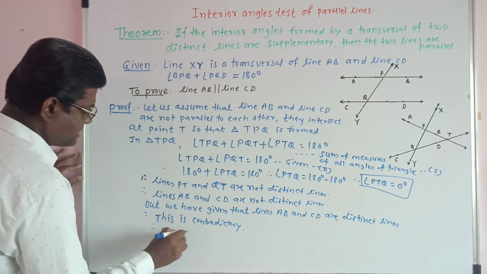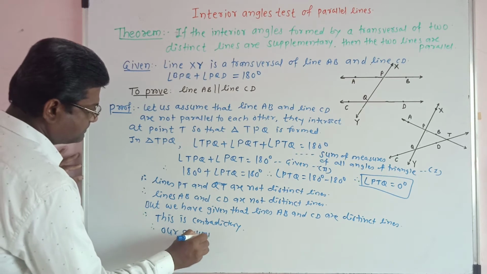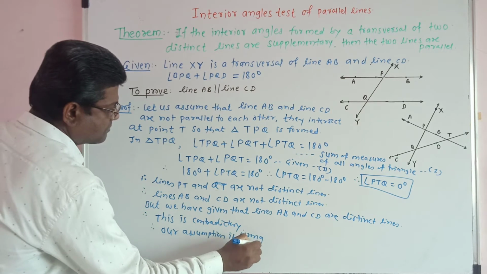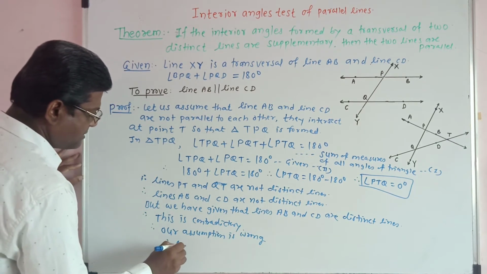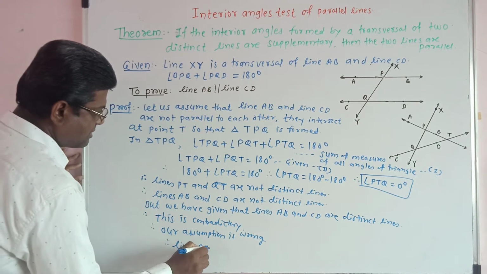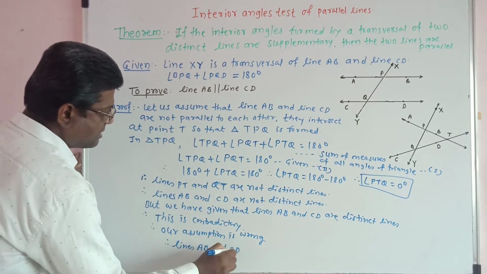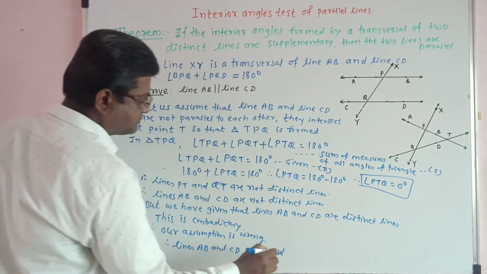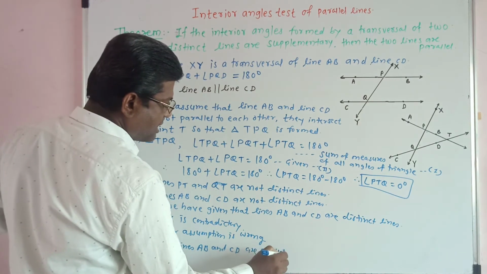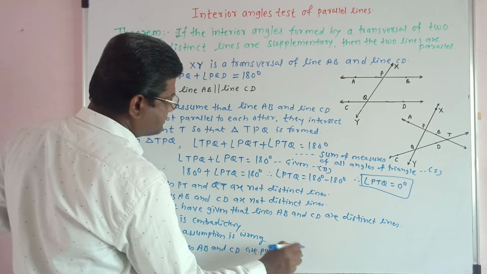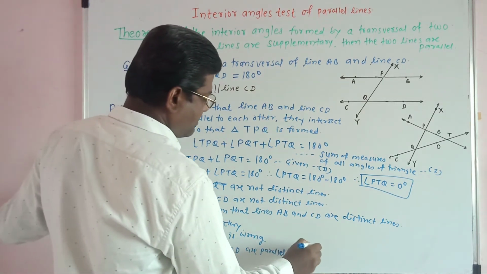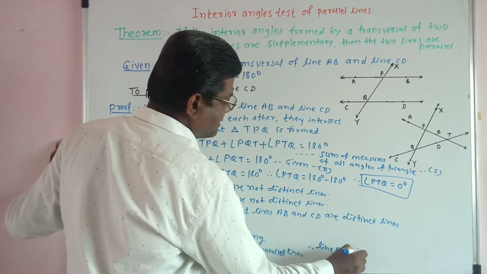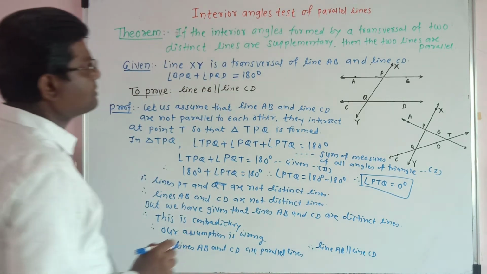Therefore our assumption is wrong. Therefore lines AB and CD are parallel lines. Therefore line AB parallel to line CD is proved.